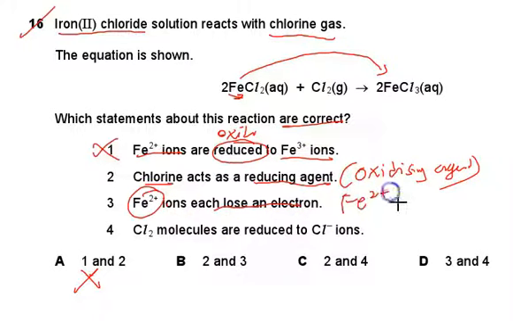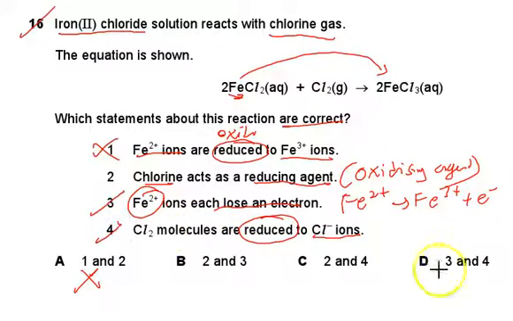They have to lose one electron in order to form iron 3 plus. Okay. Number 4. Chlorine molecules are reduced to chloride ions. So this is correct. They are reduced. So 3 and 4 are correct. So your answer is D here.